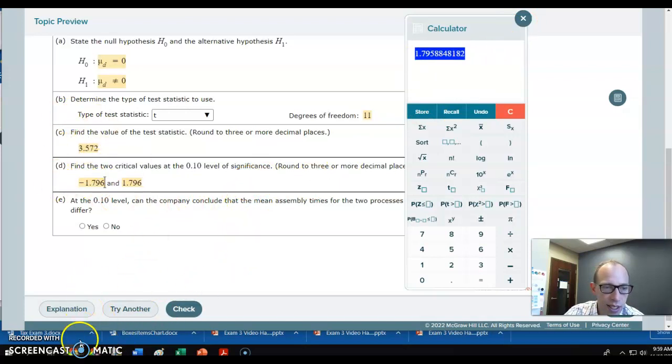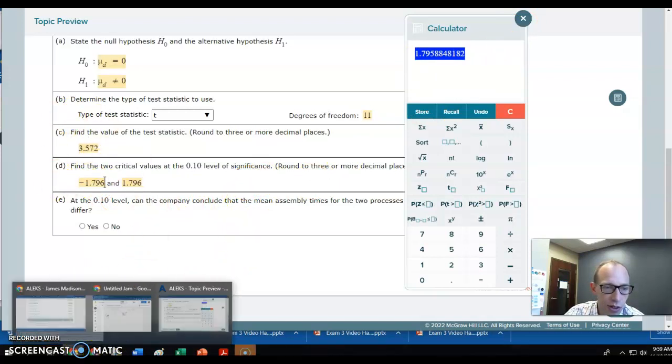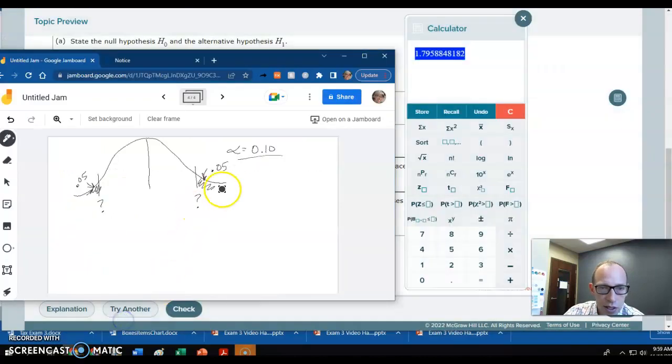So our test statistic was 3.572. So this is t equals 1.796. We're 3 point something. We're way out here. We're well into the rejection region. We're further out in the tail.